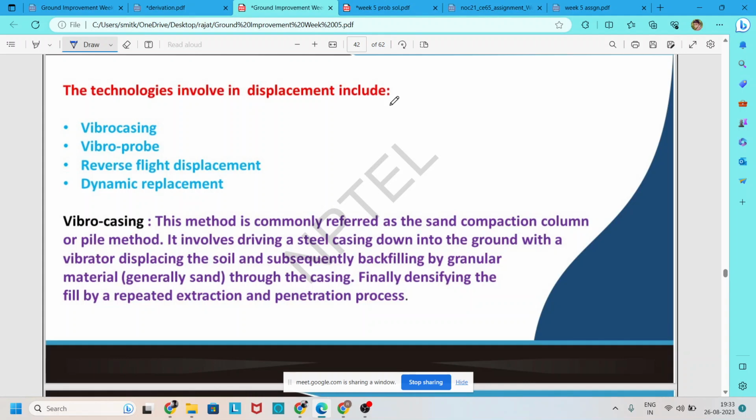So the first one is vibro casing. In vibro casing, we drive a steel casing by vibration. The steel casing is enclosed at the bottom, and we drive it into the ground through vibration only. After that, we backfill granular material through the casing.